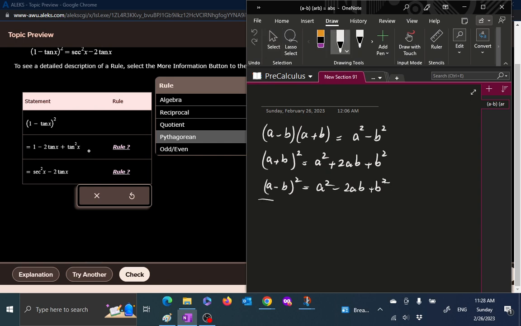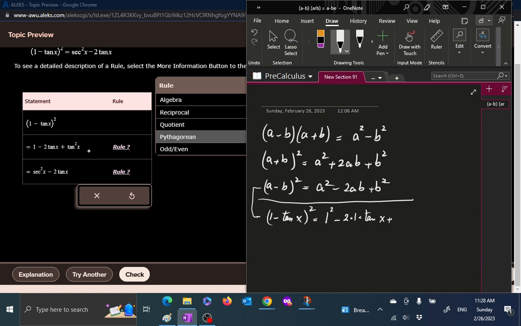If you want to see it, it was this one that was being used. If you have 1 minus tangent of x squared, that identity says square of the first one, which is 1 squared, is 1. Twice first times second. Here first one is 1, second one is tangent of x, twice 1 times the other one, so let's write everything: 1 squared, 1 times tangent of x, and last one is b squared.